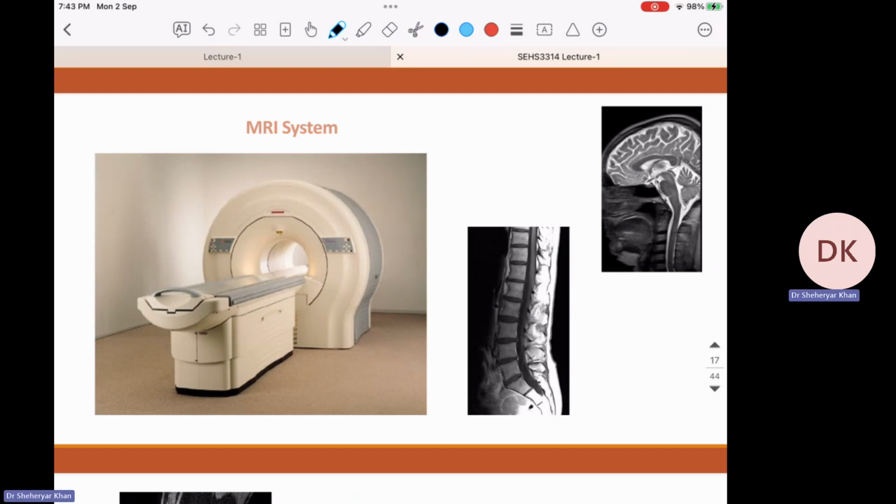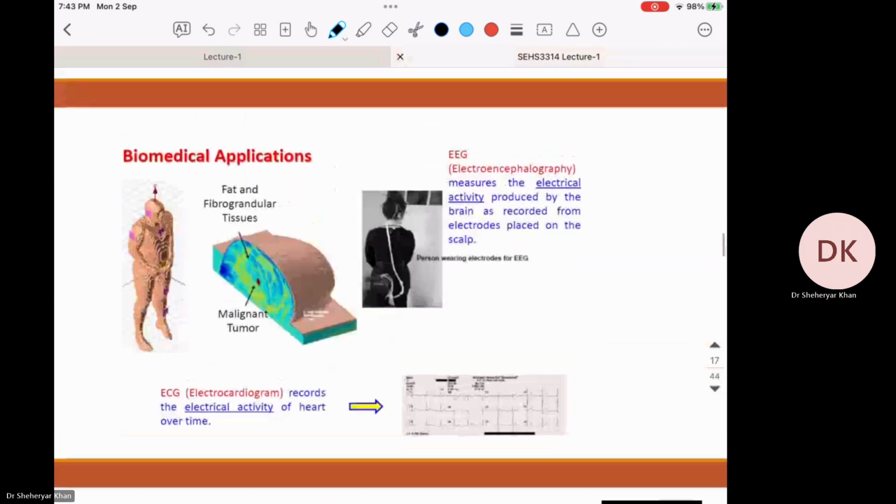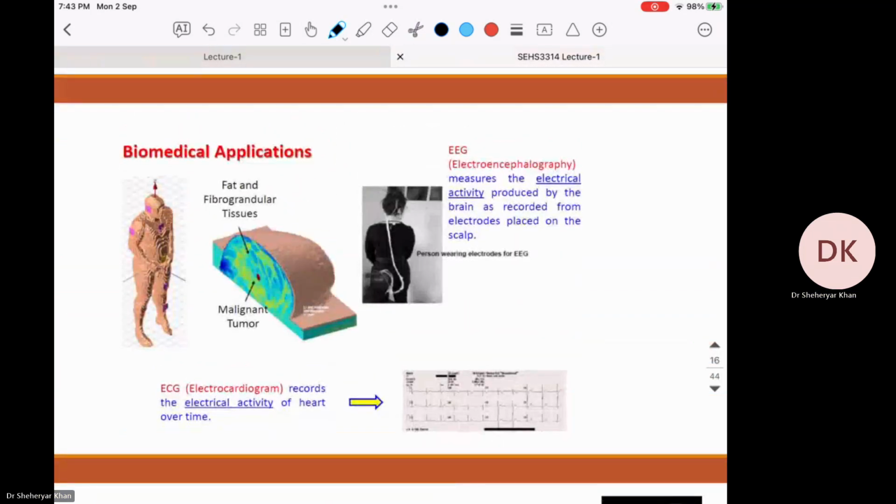So you can look at some of the other applications. Here is the ECG, the electrocardiogram. This is a one-dimensional signal. You place several nodes, sensors, and you measure or record the electric activity of the heart rhythm.